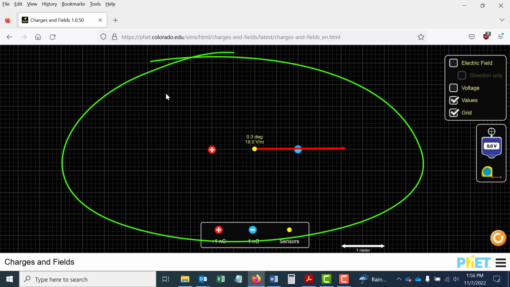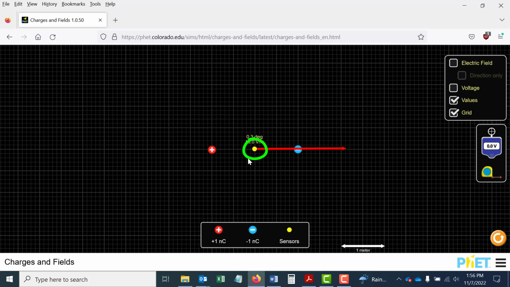So you'll map out the electric field for the whole screen, but they're going to ask you questions about this one. And the question here is, why does the electric field right here point exactly sideways? Because we've got 2 charges, and the sensor's right between them, but the electric field doesn't go to 0. Instead, it points sideways. And why is that? Again, come up with a vector argument for why this happens.